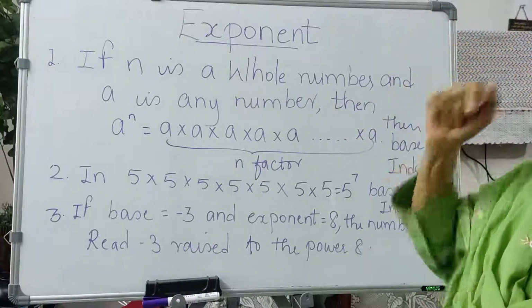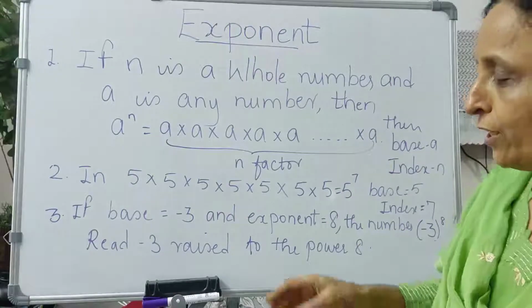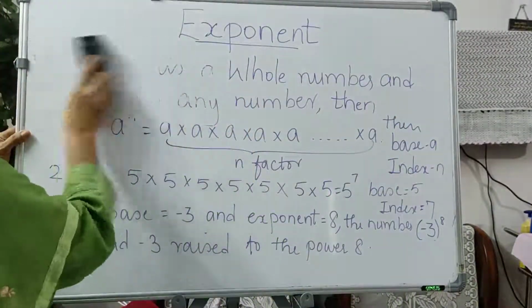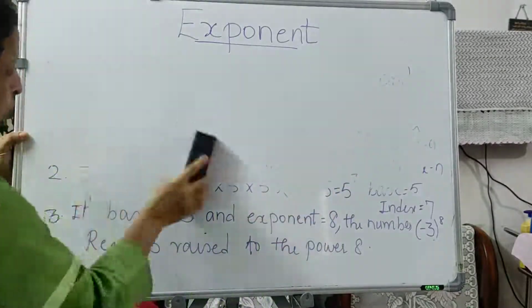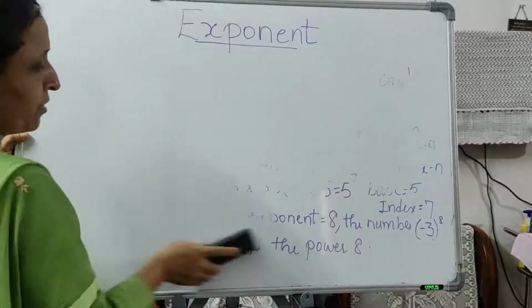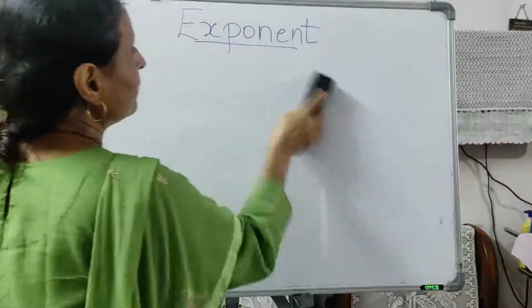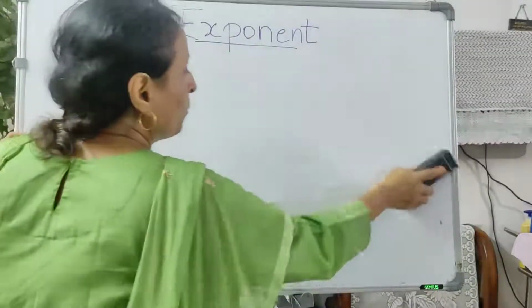Now let us see how a number can be made into exponential form. A number might be given, and if you have to convert it into exponential form, you have to factorize and see what it can be raised to, what exponent can be put.